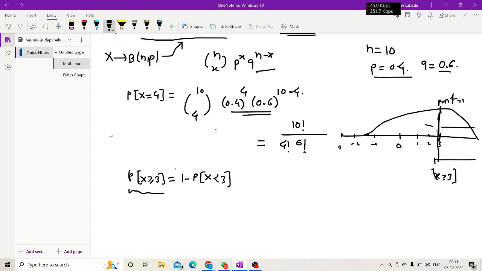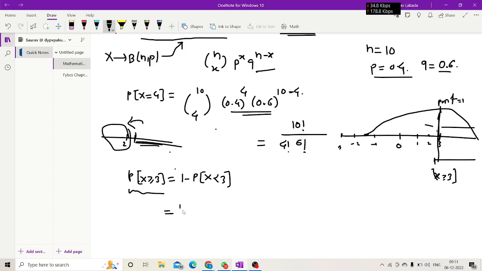Because if I want the probability which is greater than or equal to 3, what I will do is subtract all the probabilities which are less than 3 from 1. So up to 2, I will subtract all those probabilities. That is what I am doing here.